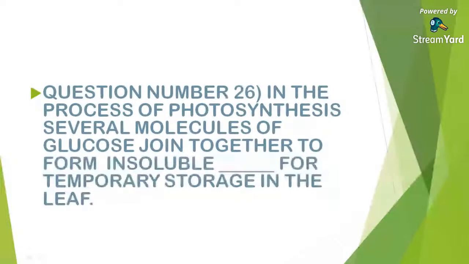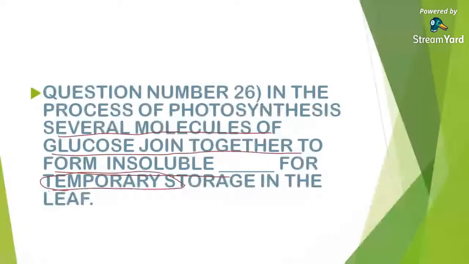In the process of photosynthesis, several molecules of glucose join together to form insoluble dash for temporary storage in the leaf. Just now we discussed that when more glucose is there, then what happens? It gets stored, and it gets stored in which form? In an insoluble form.